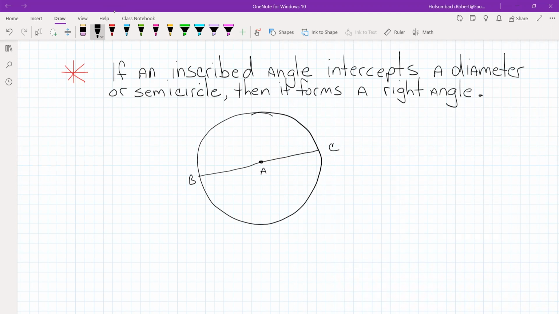I can go anywhere along this circle other than point B and point C and put a point. So let's go right up here. I'm going to put point D.